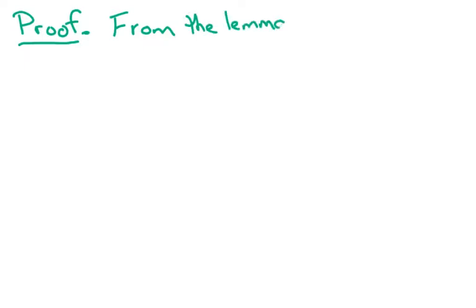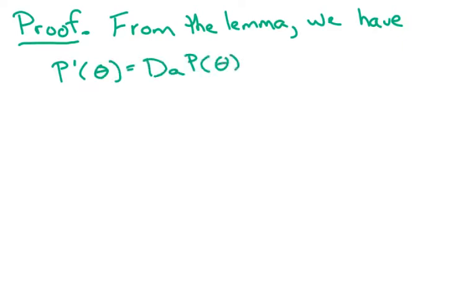I'm not going to do it real formally, but this is what I would say. From the lemma, we have P prime of theta equals dA P of theta Q of theta.